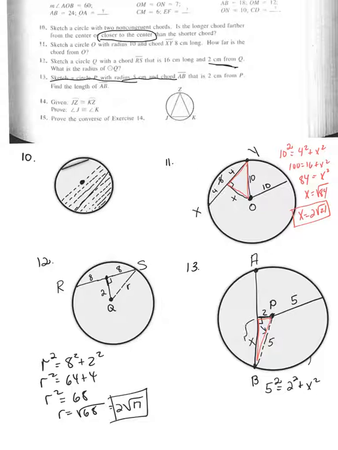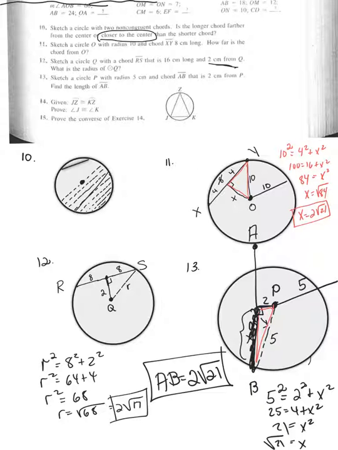When I say half, I meant half of AB. So 25 equals 4 plus x squared. X squared is 21. So x is the square root of 21, and that doesn't simplify. But the question asks for all of AB. So if this piece is the square root of 21, I need to double it. So AB is going to be 2 square roots of 21 in exact form.